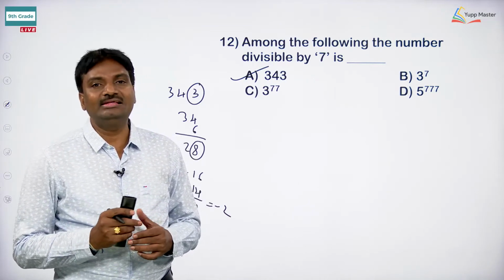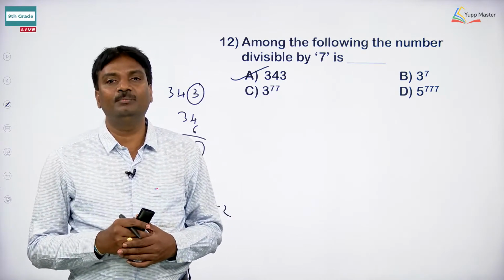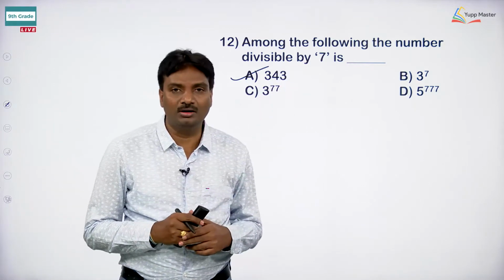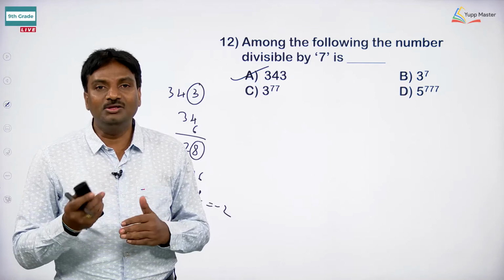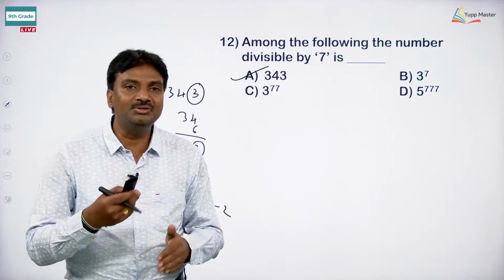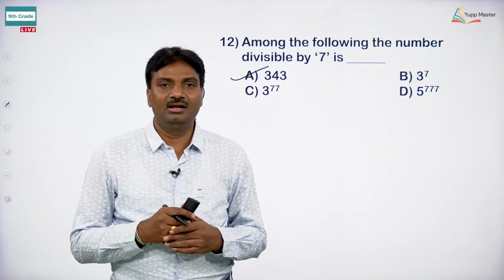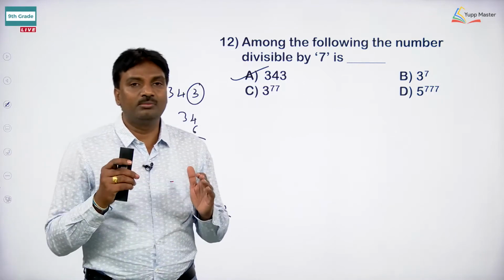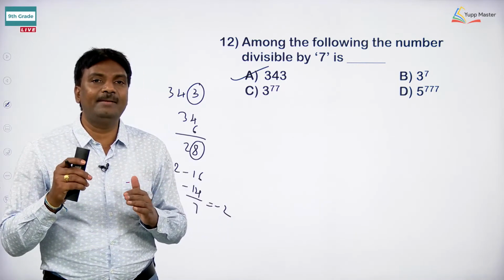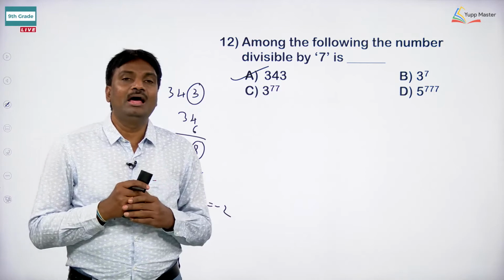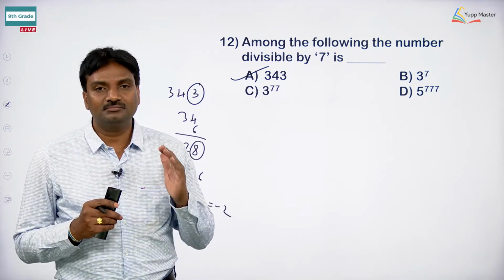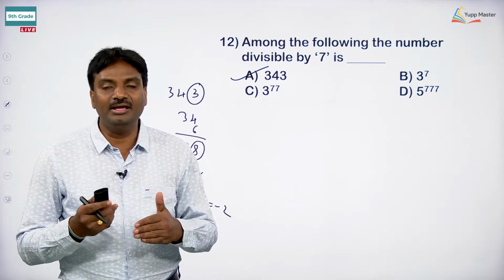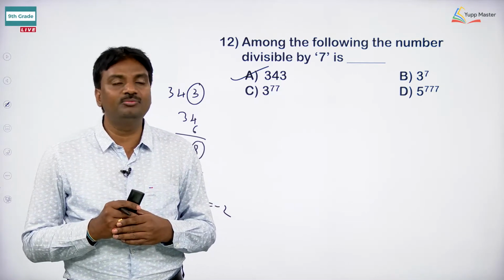To check whether a number is divisible by 7 or not, double the number in units place. The number in units place is nothing but the last digit of the given number. So double the last digit of the given number and subtract it from the remaining digits. If that number is divisible by 7, then the given number is also divisible by 7.